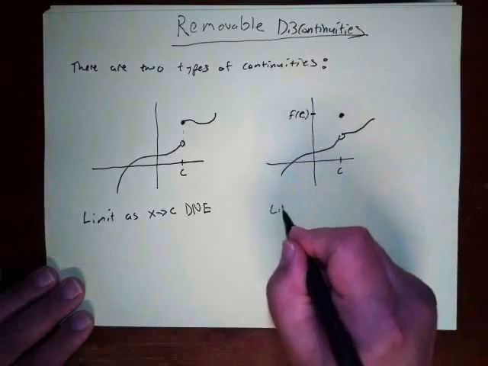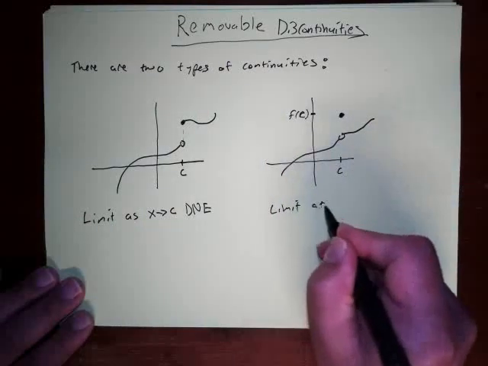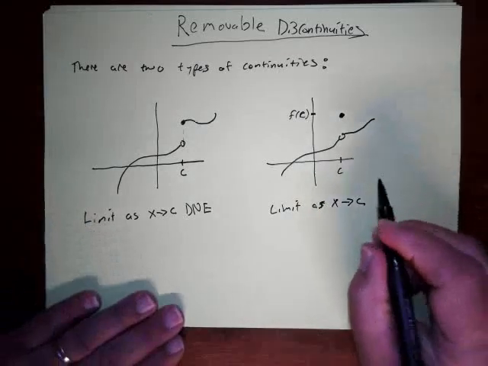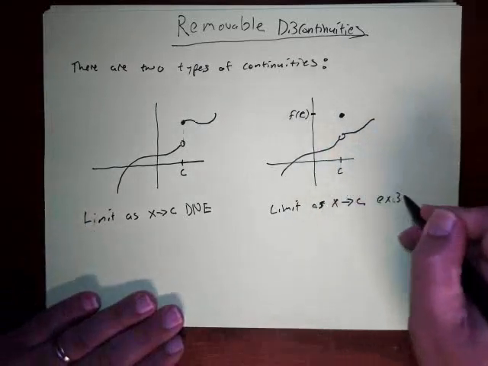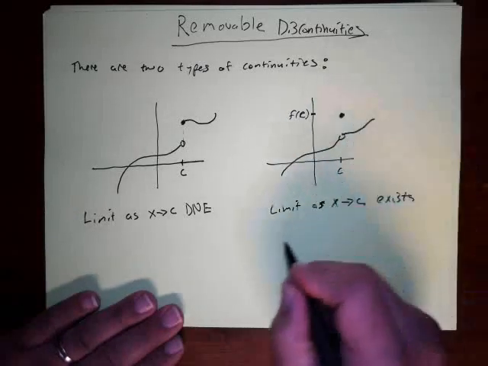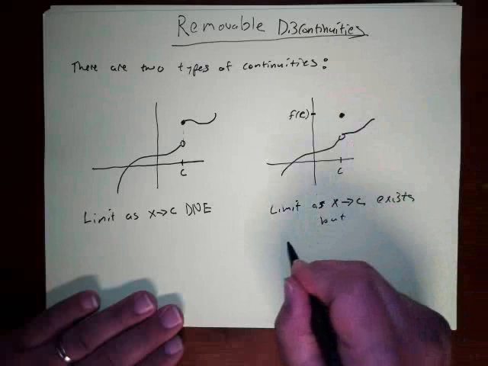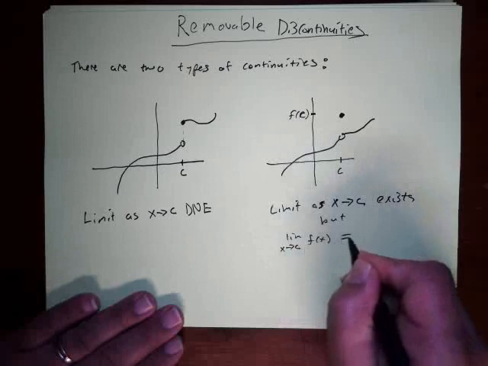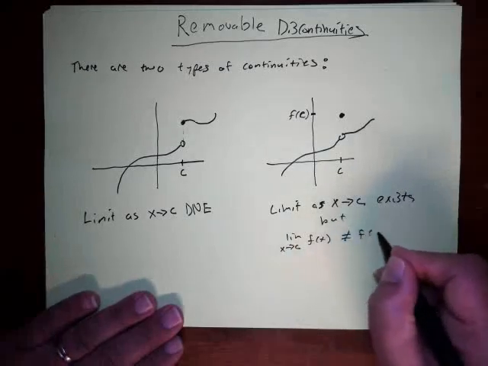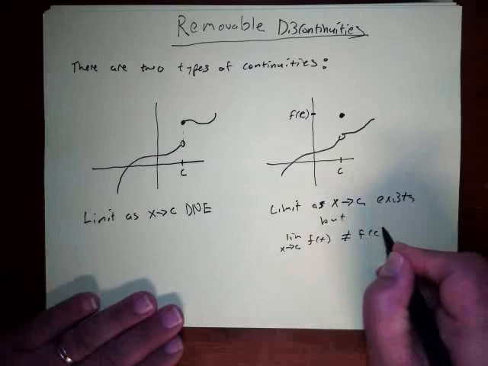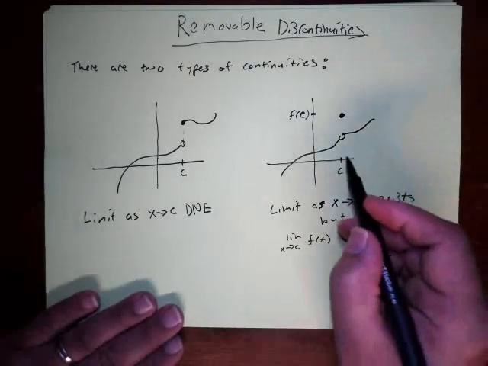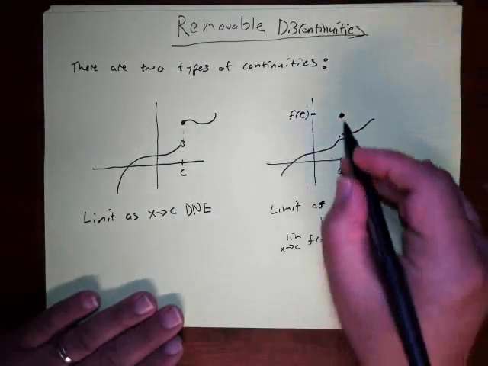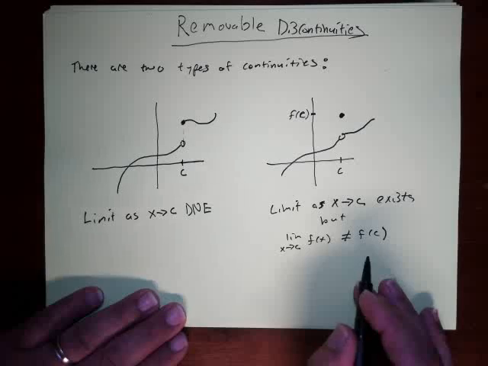So the limit as x approaches C exists, no problem there, but the limit as x approaches C of f of x does not equal f of C. Or maybe f of C doesn't even exist. Maybe there's just a hole there.